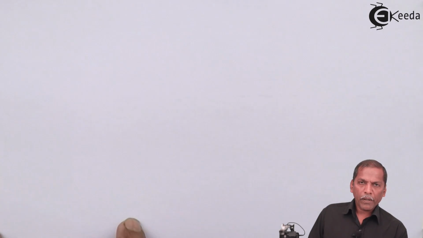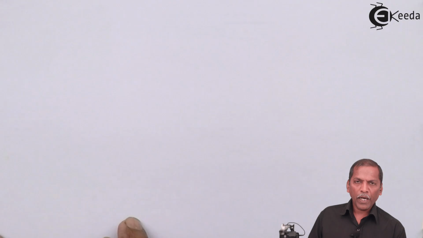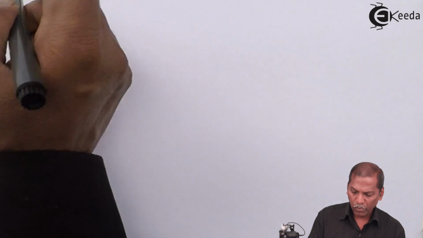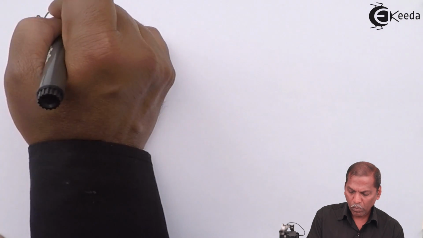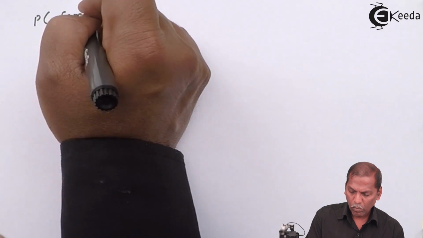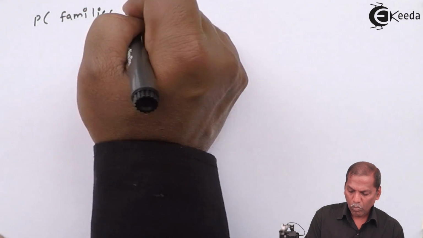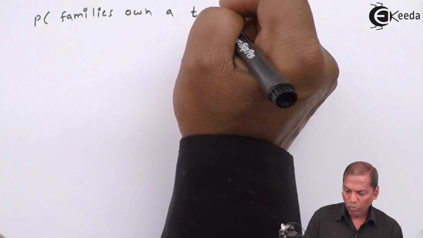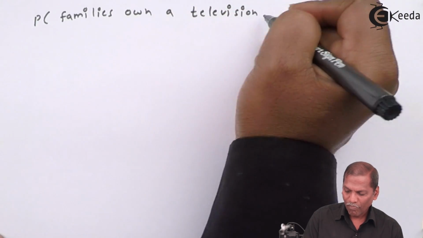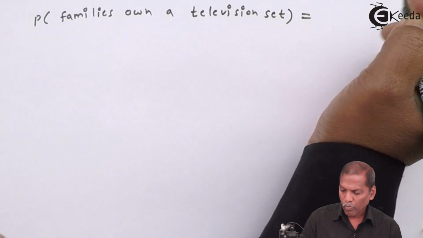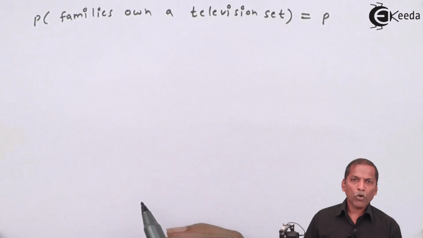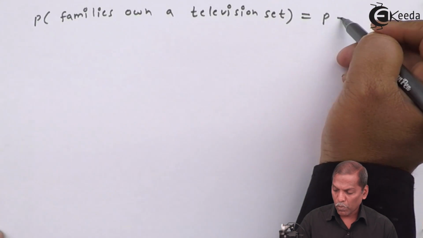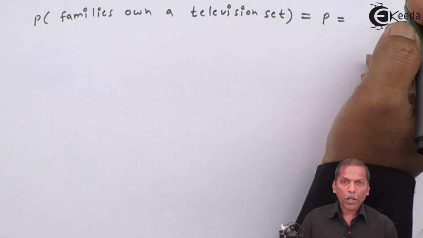Then the probability that a family owns a television set is P equal to 80%.